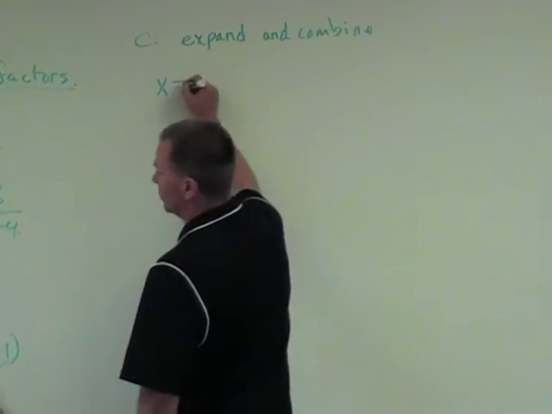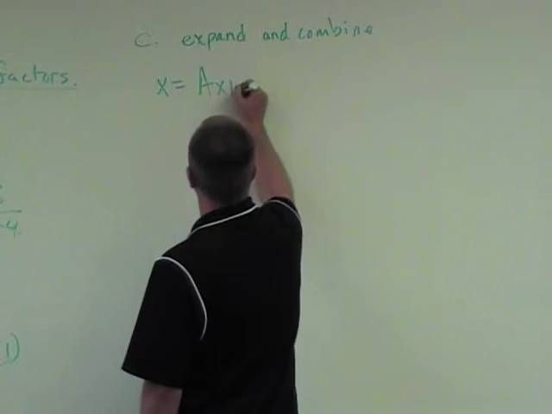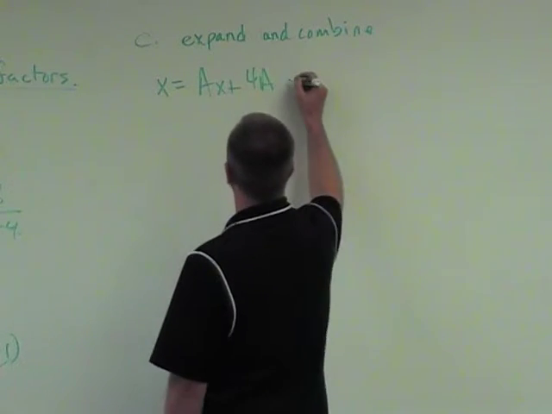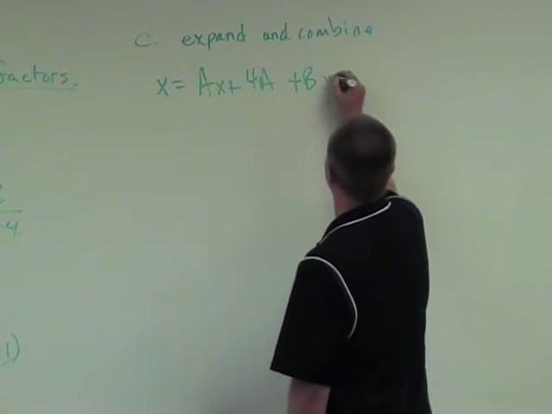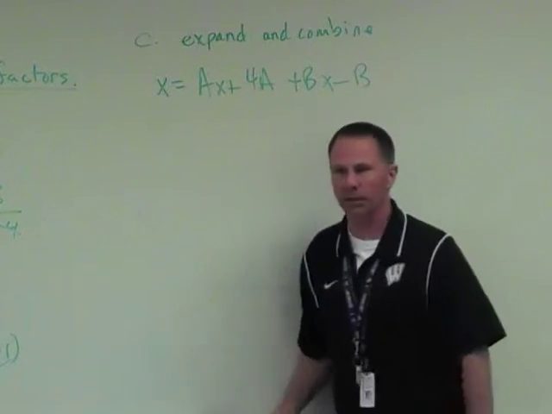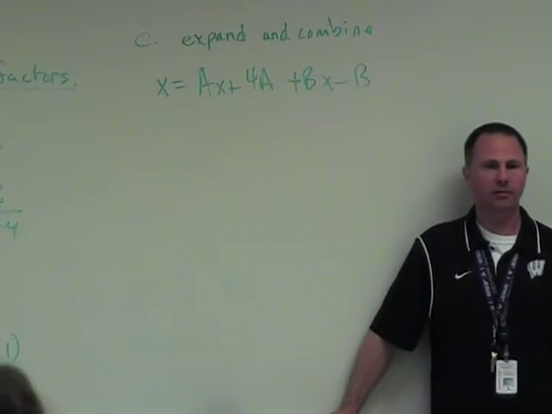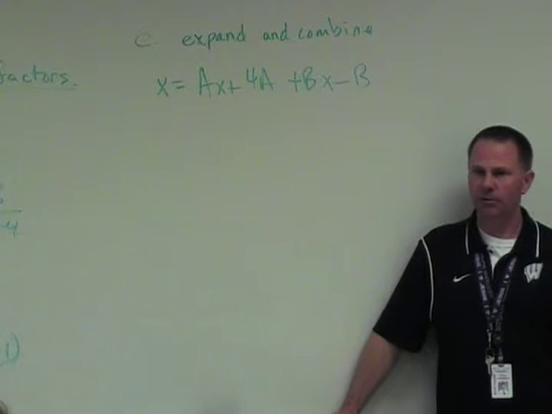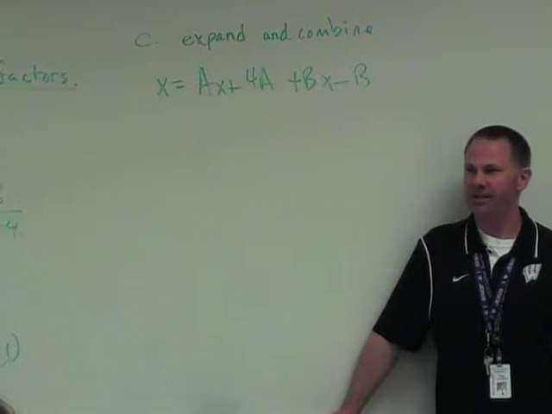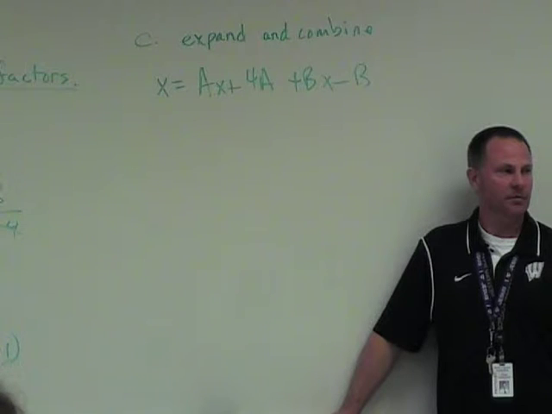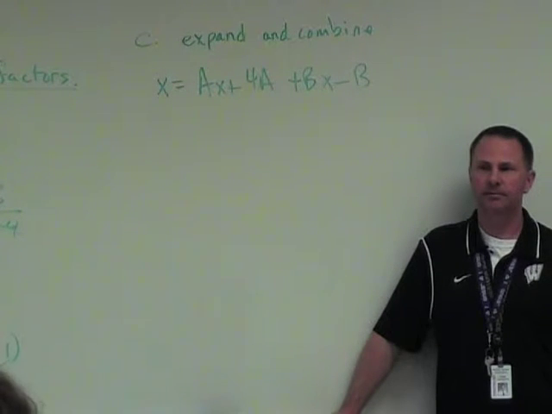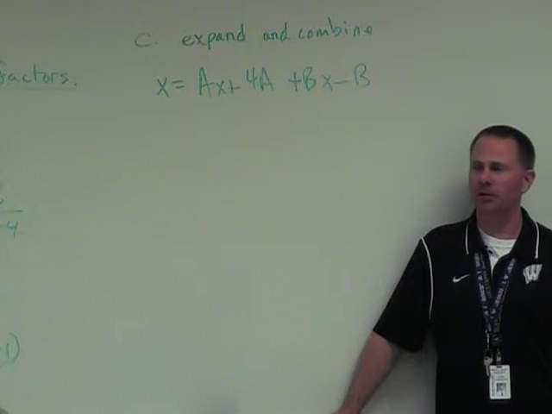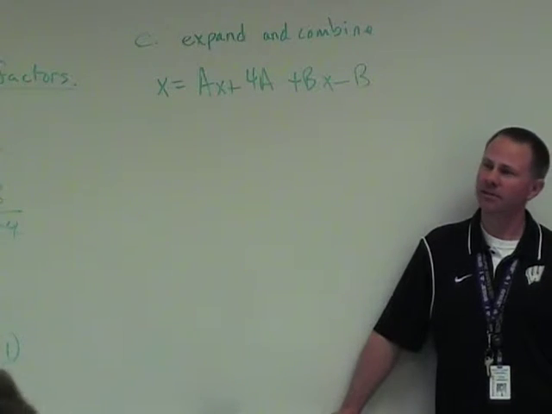So x equals ax plus 4a plus bx minus b. Did everybody agree? Did I do it right? Did I drop a sign? You know how good I am at never making a mistake. Anybody lost? Other than the 5 people who are going to come in tomorrow and be like, what?